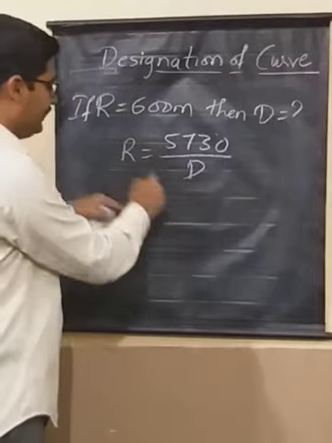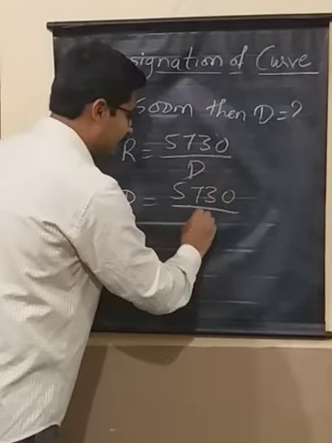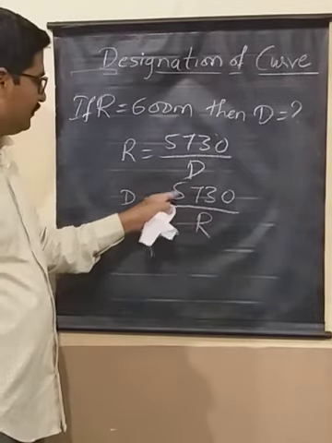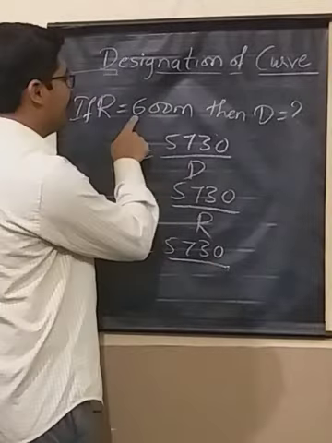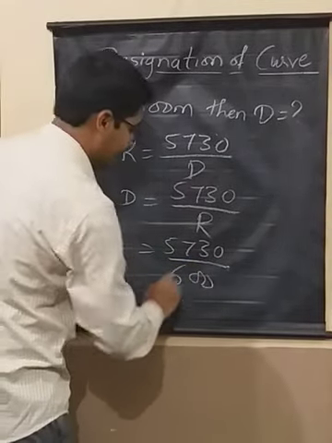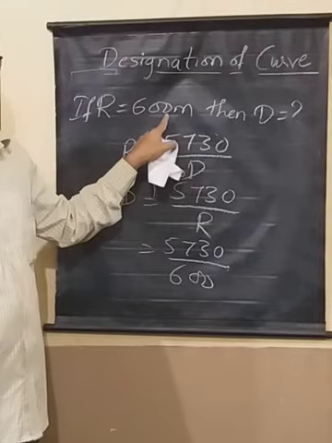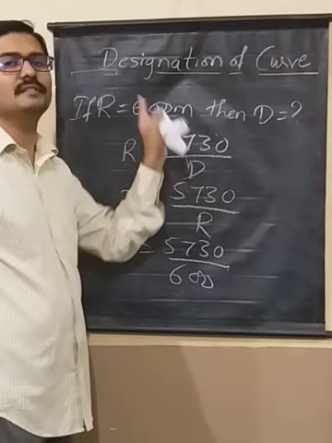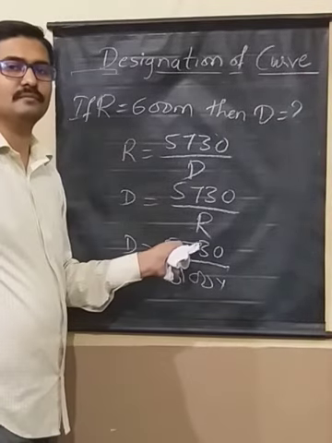Same formula, change the terms D and R. So 5730 divided by radius, which is 600, right? But this is in terms of meter, isn't it? So you are supposed to convert this into feet and then get the degree of the curve.